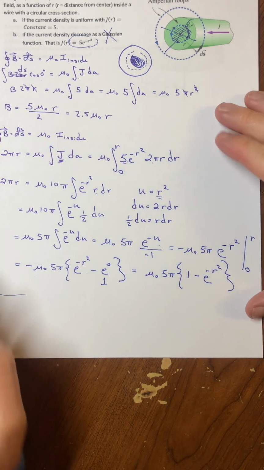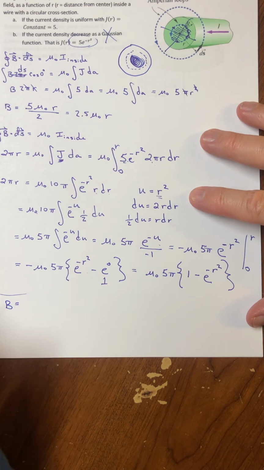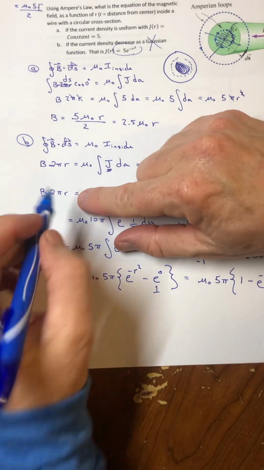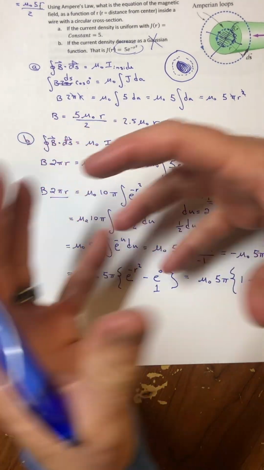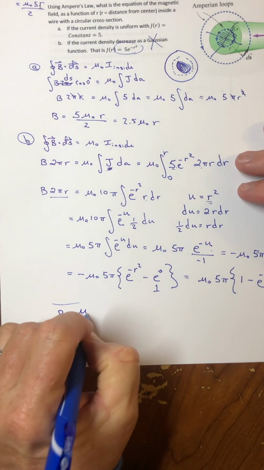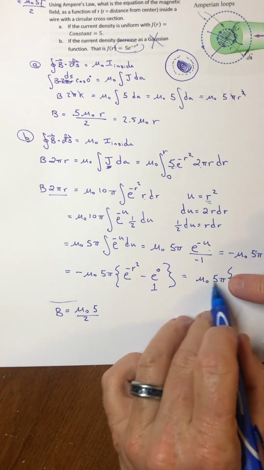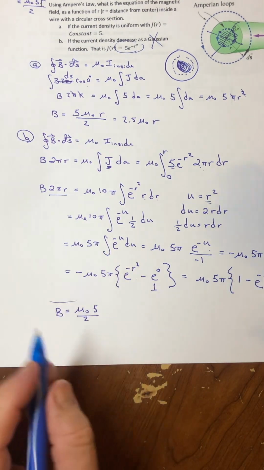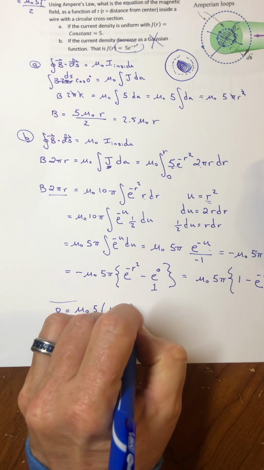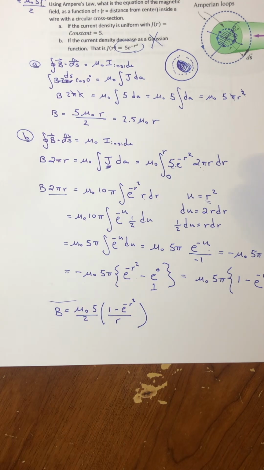Okay, now bringing the other pieces over, I can finish this by saying, let's bring the 2 pi r on over, and we'll have the mu naught, we'll have the 5 over the 2, and the pi will cancel. And then this would be 1 minus e to the minus r squared over r.